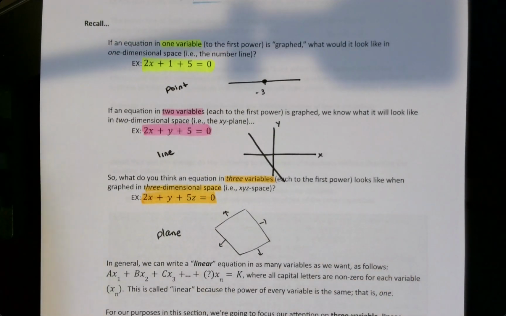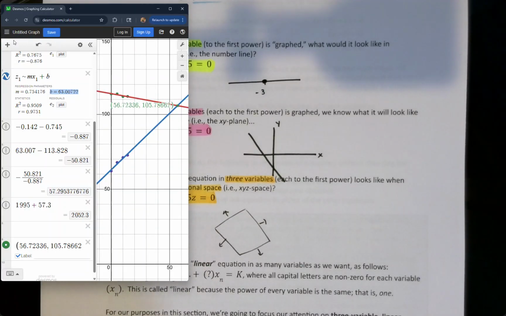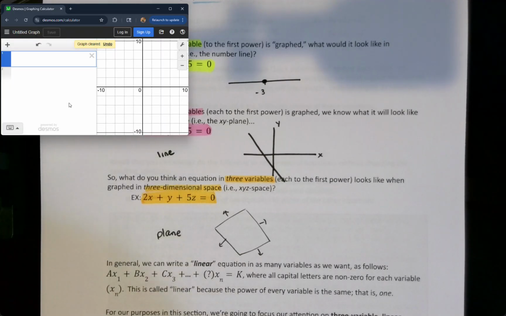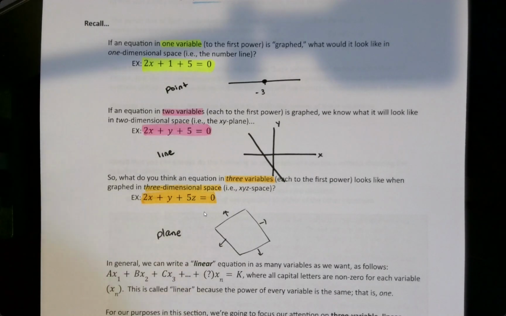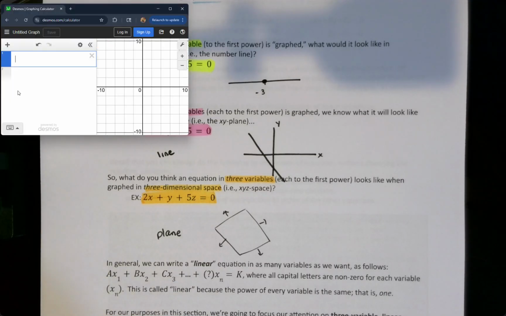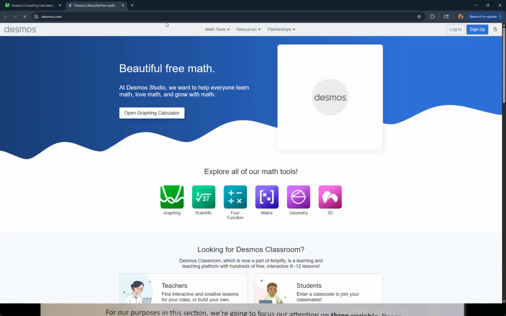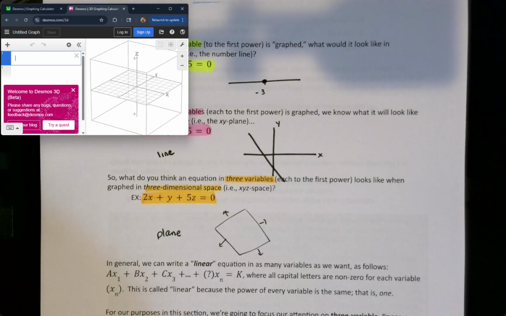For an example of what this actually looks like, I'm going to use my graphing calculator. Let me clear this one up here. We can, of course, graph our line if we wanted to, but I'm going to graph in 3 space. So I need to make my calculator just a little bigger. I can go back home in the Desmos menu, and I'm going to go into the 3D grapher instead of the 2D grapher.